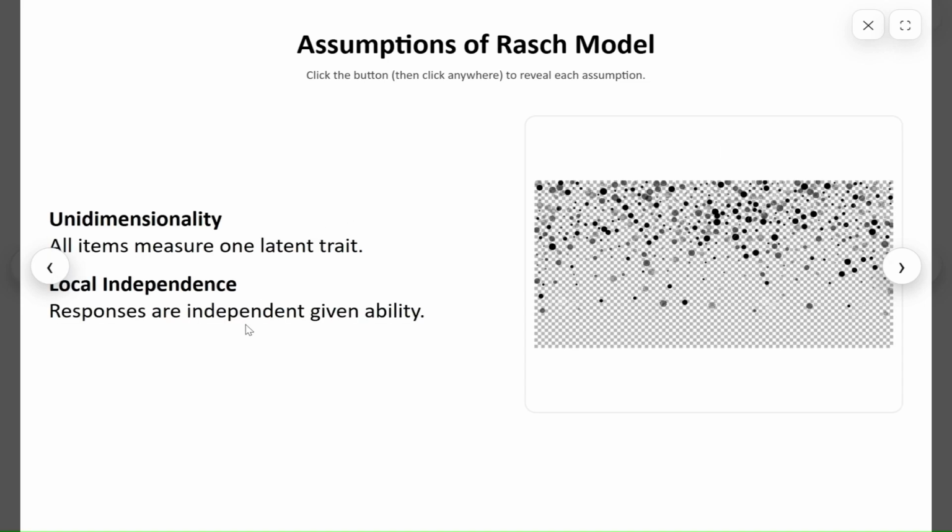The second assumption, which is very important, is local independence. For your questions to fit the Rasch model, these questions must be independent in the sense that the answer to one question doesn't give you a hint to answering another question. So the probability of answering the items must be totally independent.